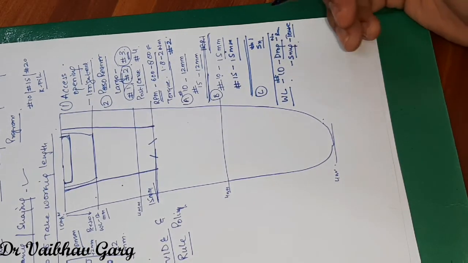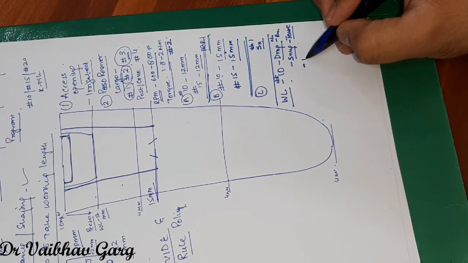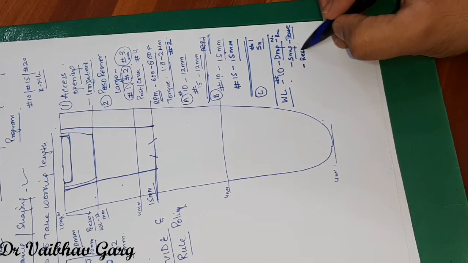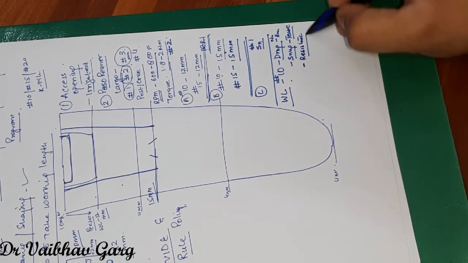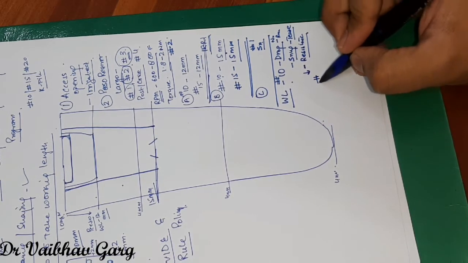It goes towards the apex. Or it finds super resistance, or it does not move at all. So if there is resistance, that means you have to go down and use a number 8 file.